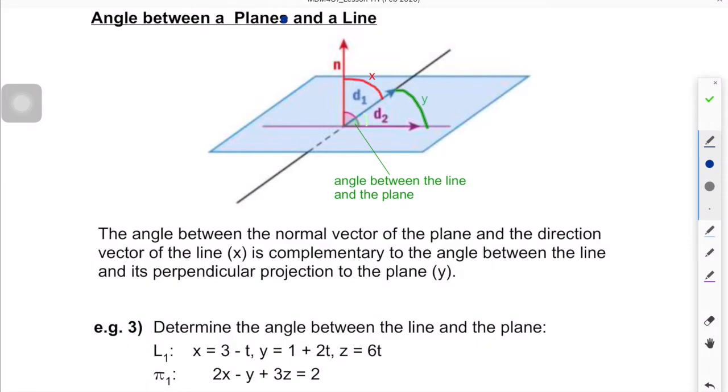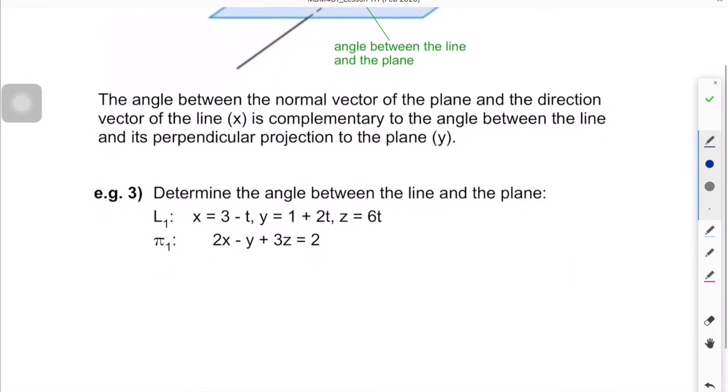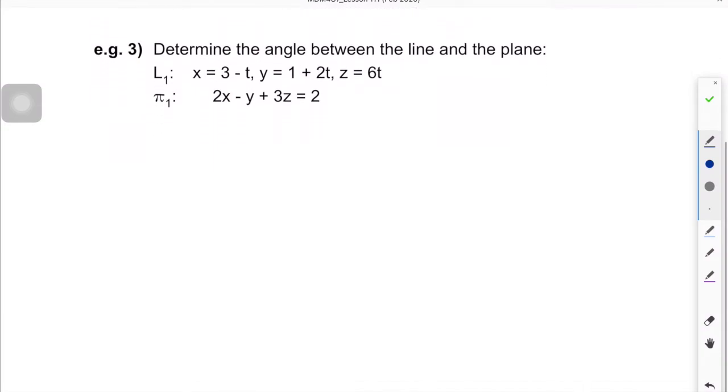So it looks like we can make use of a complementary angle relationship to find the actual angle Y that we need. So let's do it in a logical way first, which is to find the angle between the normal and the direction vector, and then take the complement.